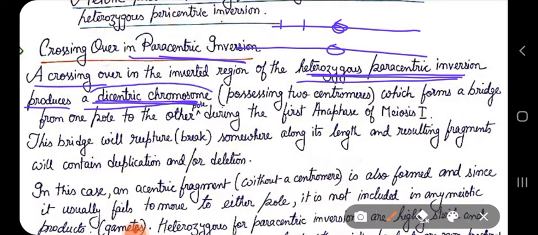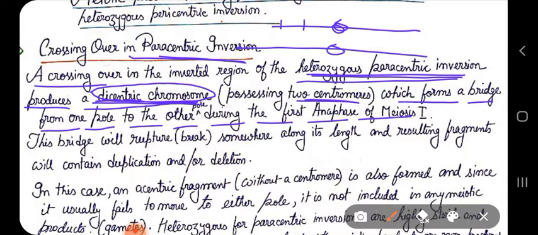A dicentric chromosome is a chromosome which has two centromeres, which forms a bridge from one pole to the other pole during the first anaphase of meiosis 1.